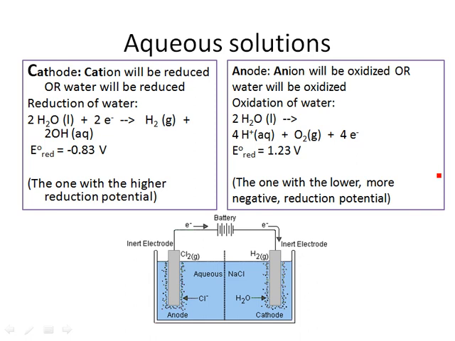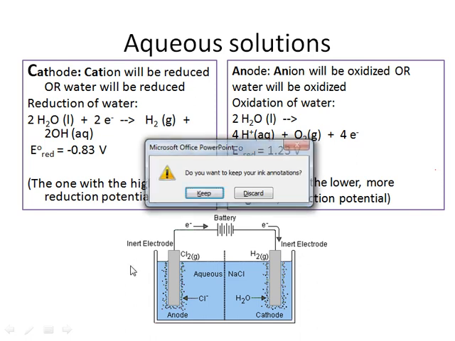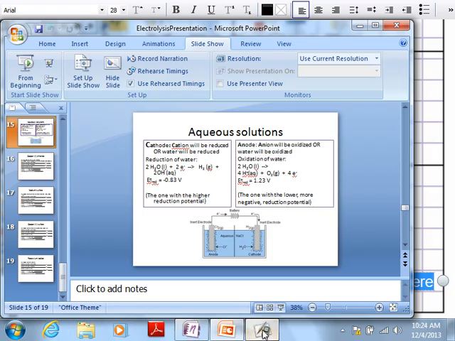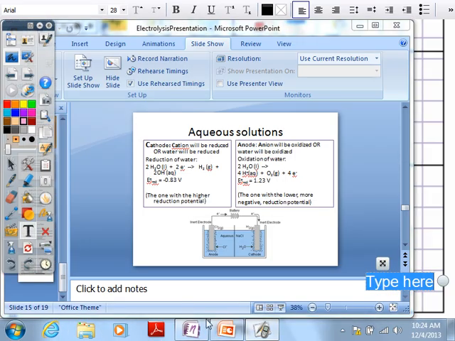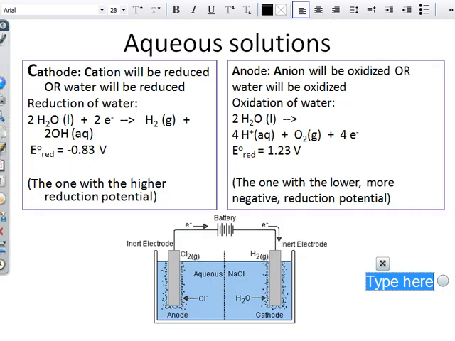So let's try sodium chloride again. This time it's in water. All right, so we have at our cathode two choices. What are our two choices?